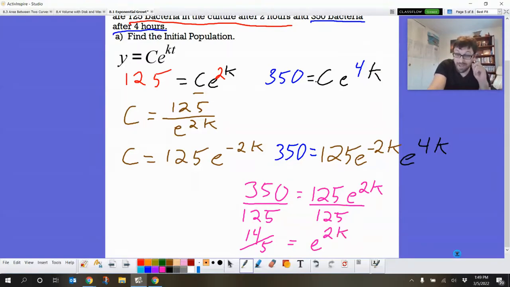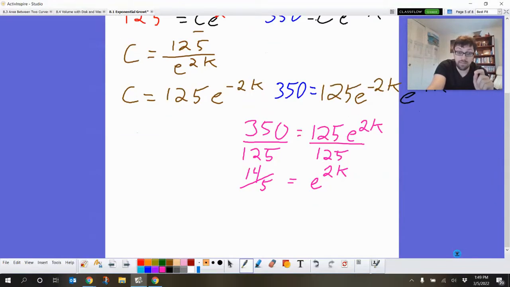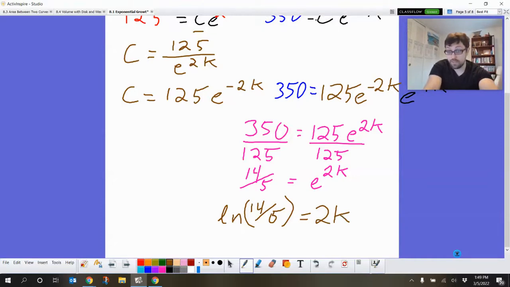All right. I still want to try to get that k by itself, so I'm going to take the ln of both sides. So the ln of 14 fifths equals 2k. And then just divide both sides by 2.